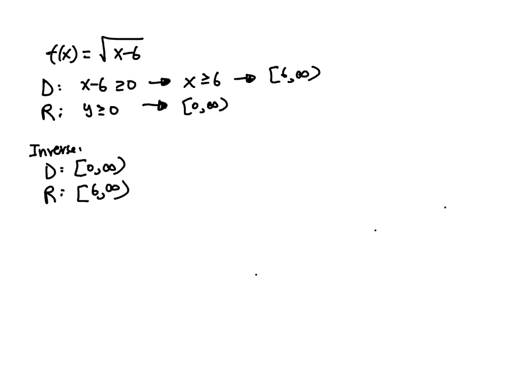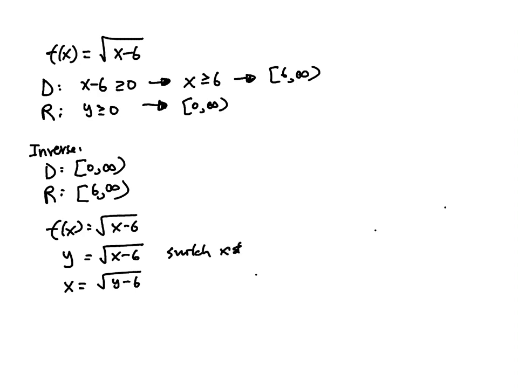Then let's find out what the actual function looks like. So f of x equals square root of x minus 6. Replace the f of x with a regular y. Now we switch x and y. And now we solve for y.